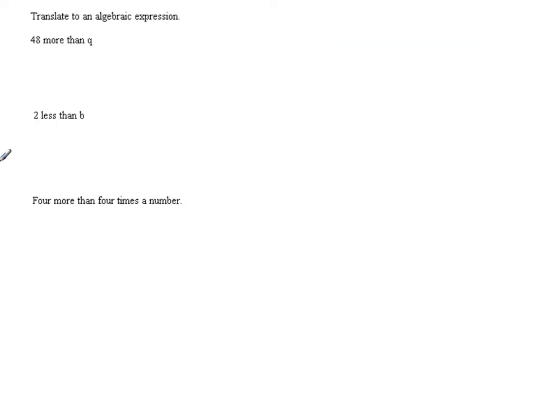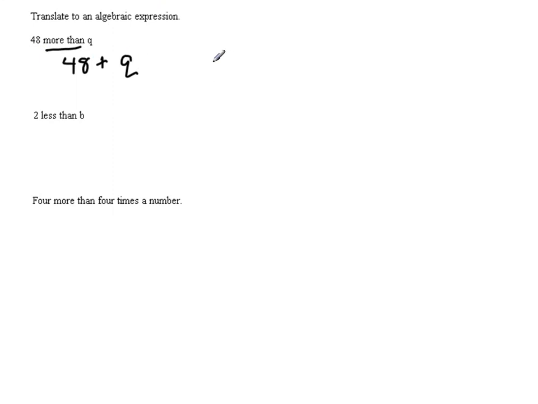The directions ask us to translate to an algebraic expression. It says we have 48 more than Q. More than is one of the words that translates to addition. So we could write 48 plus Q. Now, technically, this is correct. There's just a better way to write it.